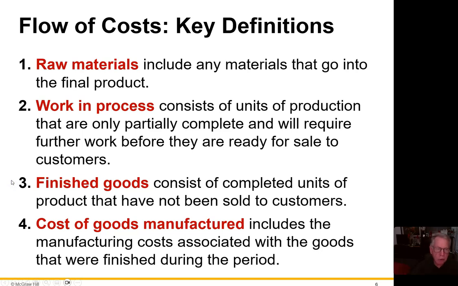Finished goods consist of completed units that come out of work in process inventory that have not yet been sold to customers. And then what has been sold to customers, we show as cost of goods sold. The cost of goods manufactured includes the manufacturing costs associated with the goods that were finished during the period. All right.